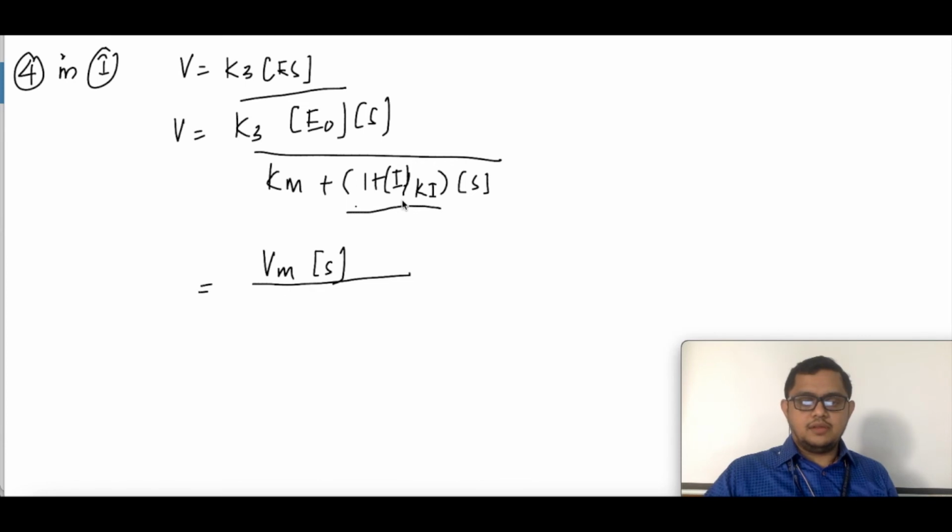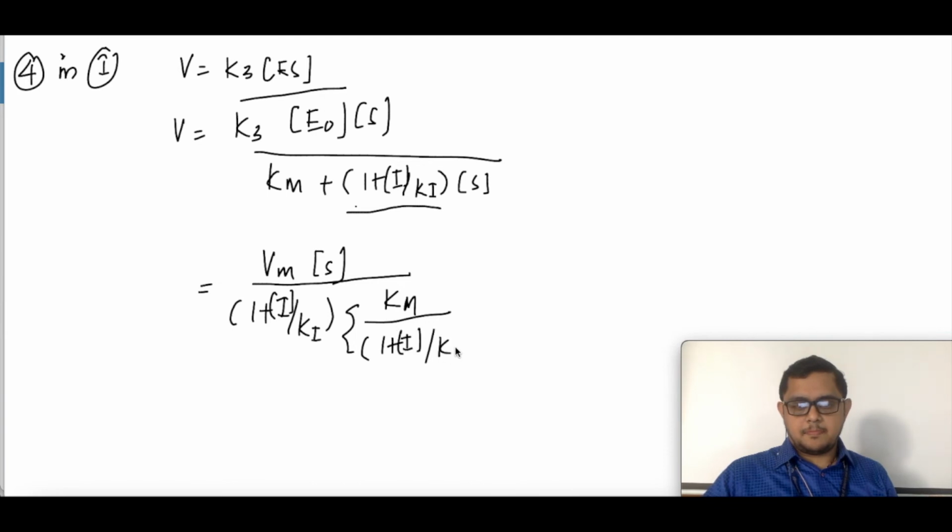So, now I am taking that 1 plus I by Ki out. So, the remaining thing, since the Km is not having any 1 plus I by Ki, that needs to be divided here.